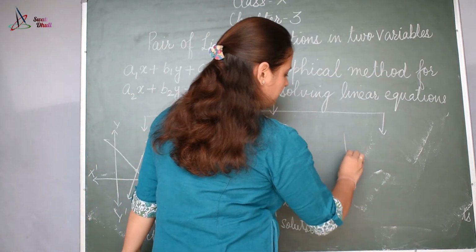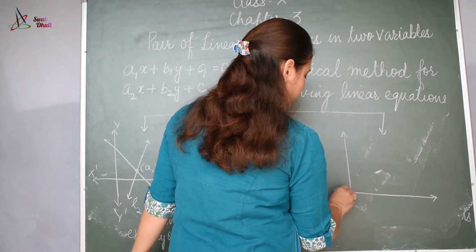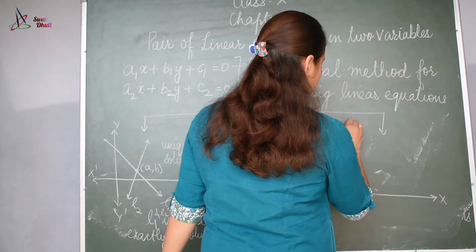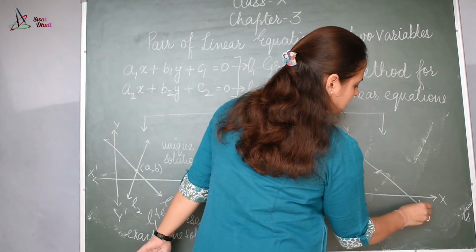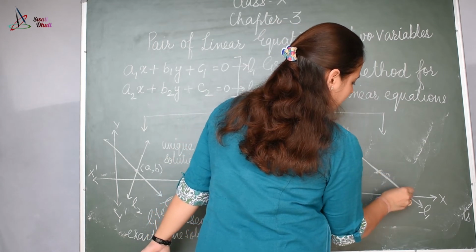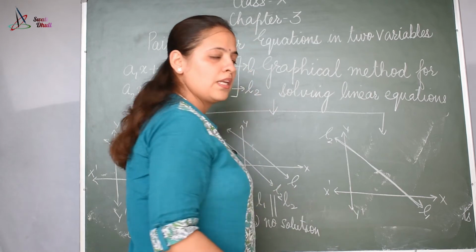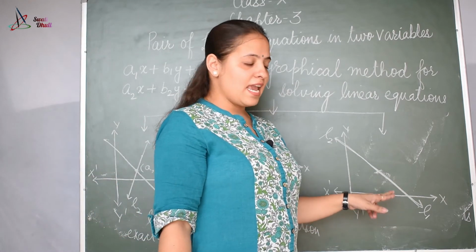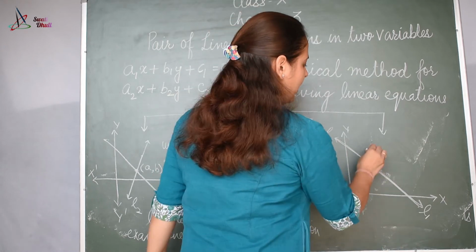Next is, suppose you have a graph, let it be x, y, x dash and y dash. This is a line L1, and on this line we have L2. What is happening here is L1 coincides with L2.